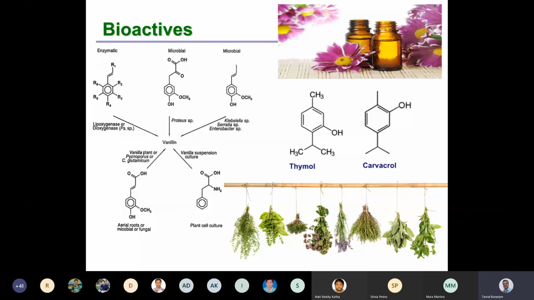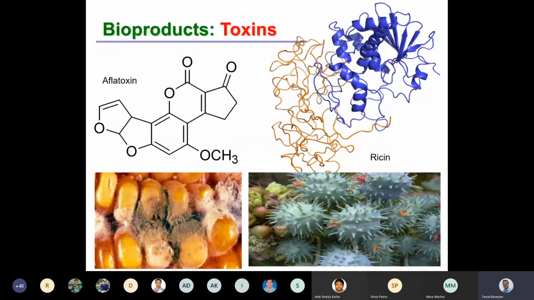And some byproducts are problematic. Maybe we can try to extract them just to remove them.